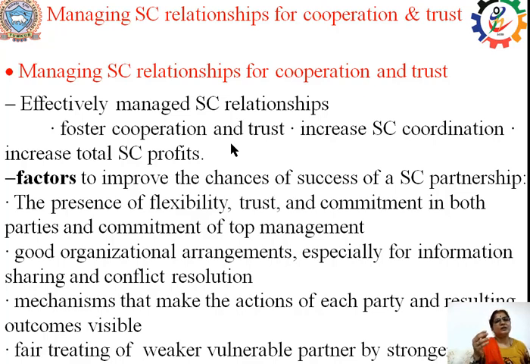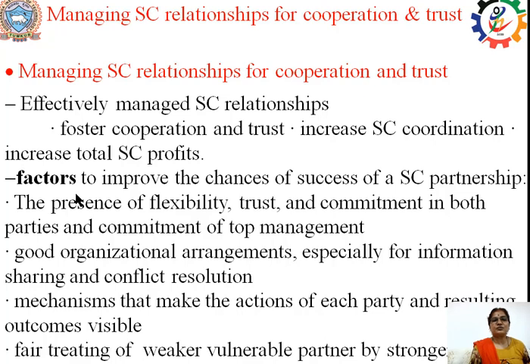Managing also, the active part of top management is very much needed. If it is effectively managed, it will nurture cooperation and trust, increase supply chain coordination, which ultimately results in improved profitability.